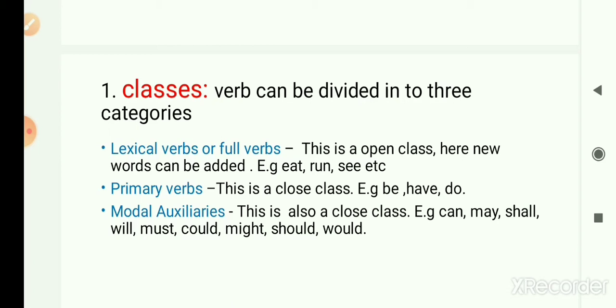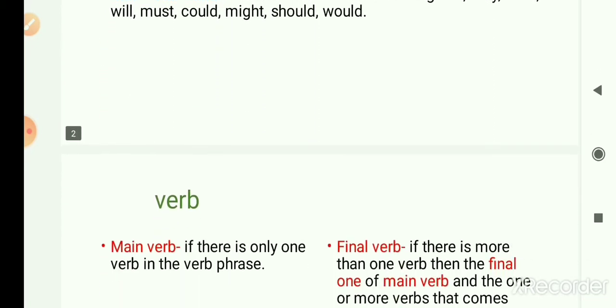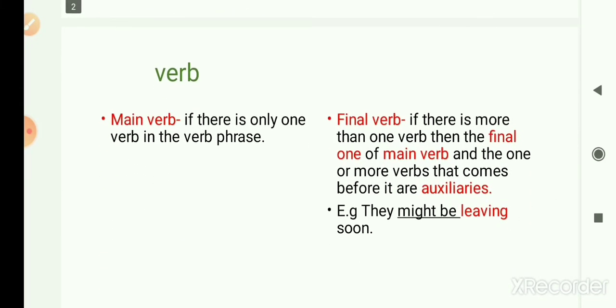Now let us look into the next verb type. As I have already mentioned, there is main verb and there is also auxiliary verb. What is a main verb? If in a sentence you have only one verb, then it is the main verb. If there is only one verb in the verb phrase, then it is the main verb.